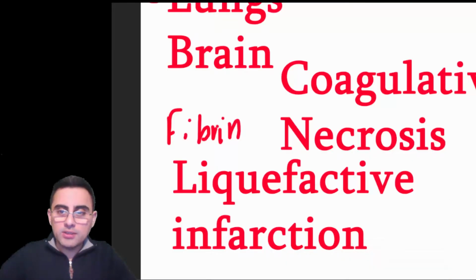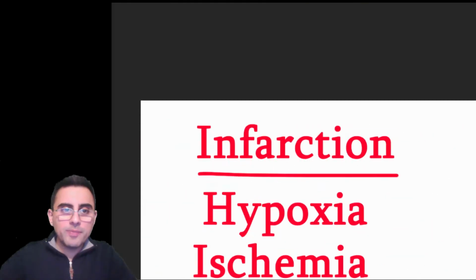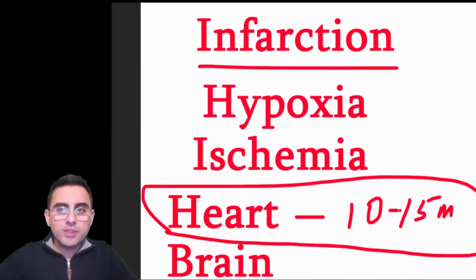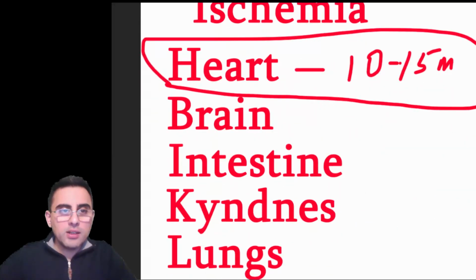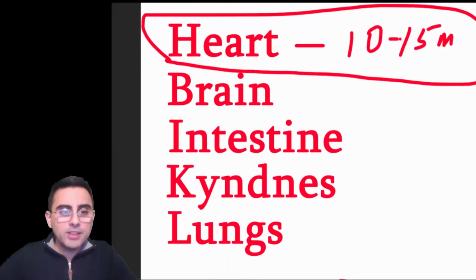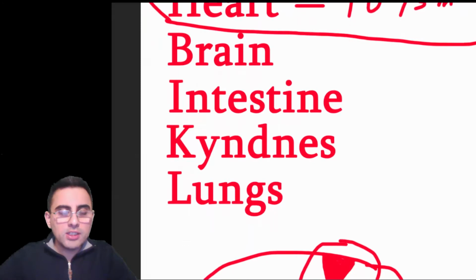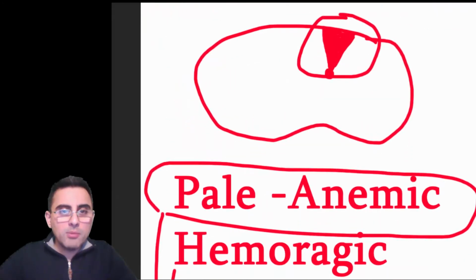So let's summarize our topic. Infarction is a localized necrotic area of the tissue. The most common cause of infarction is hypoxia. Hypoxia is caused by ischemia. The most common site of infarction is the heart, then brain, then lungs, intestine, kidneys.